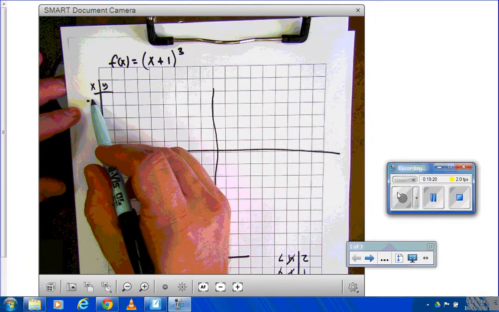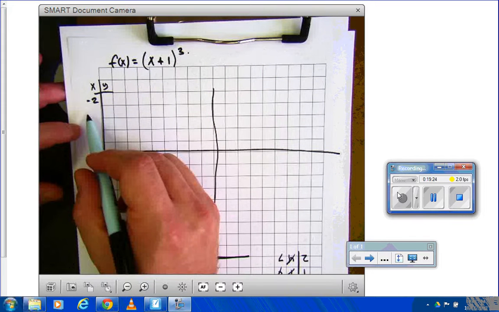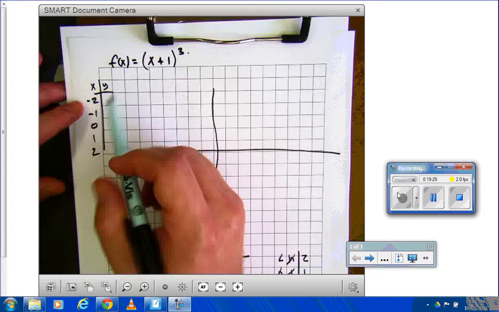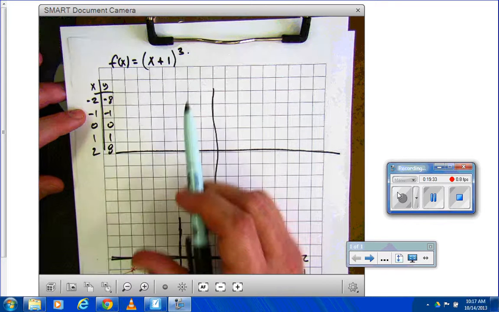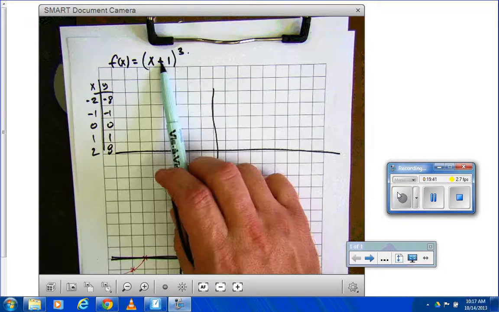But it's not cube root, it's cubed. If this was cube root, we would go negative 8. All right, negative 2, negative 1, 0, 1, 2. Now cube them and we get negative 8, negative 1, 0, 1, 8. A lot of people get cube root and cubed confused, and that's what you were thinking. Okay.